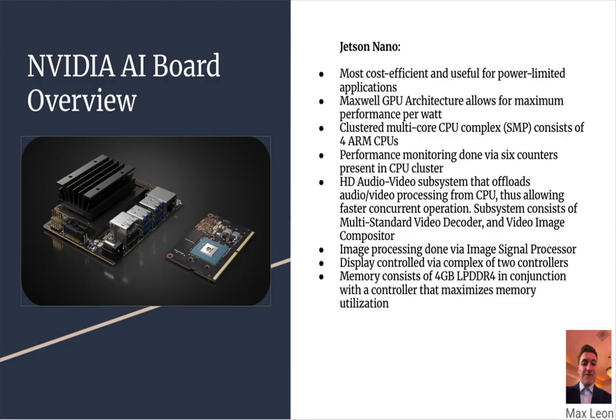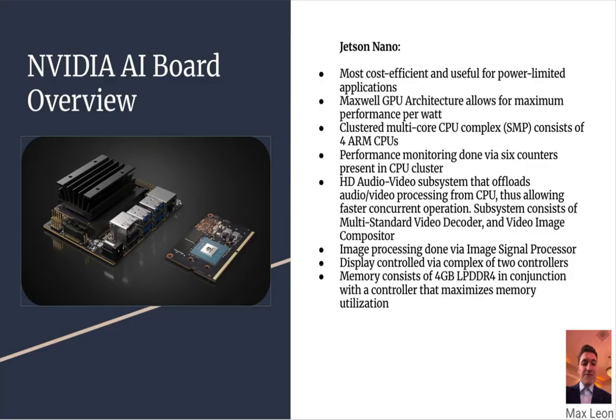The HD audio video subsystem offloads audio video processing from the CPU, which thus allows faster concurrent operation, and consists of the multi-standard video decoder and video image compositor. This is critical because in vision-based applications, when there's a camera, inference both have to happen in real time.